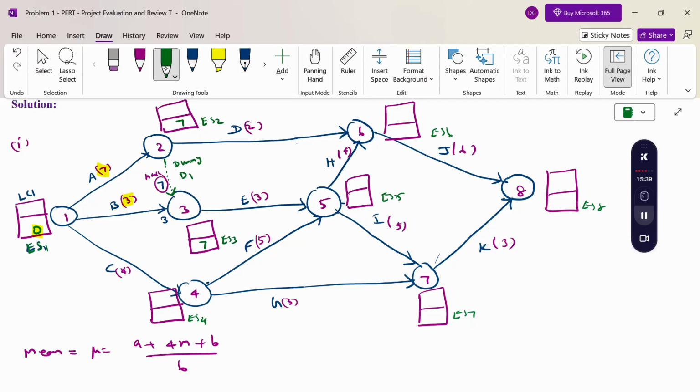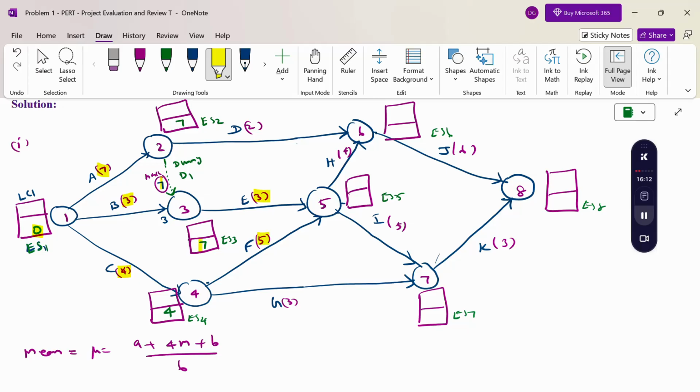And then the fourth one, again from 1 to 4 only one line, therefore 0 plus 4, I am adding 4. Then 4 to 5 and 3 to 5, look here. From 3 to 5 the duration is 3, here the duration is 5.